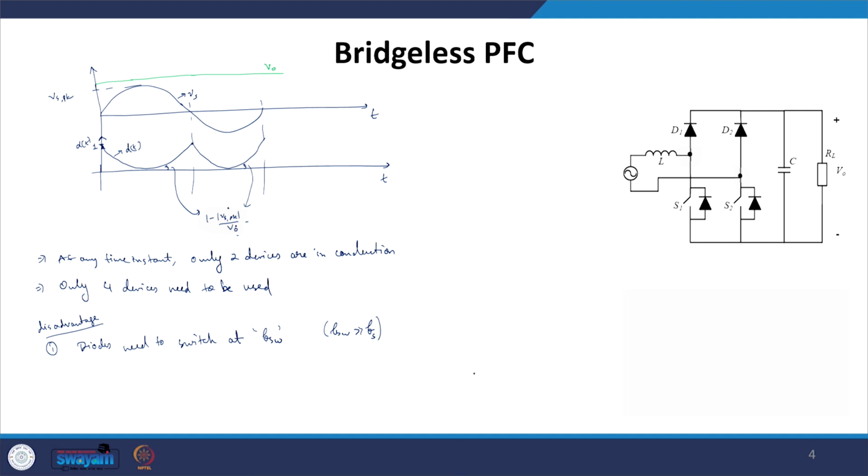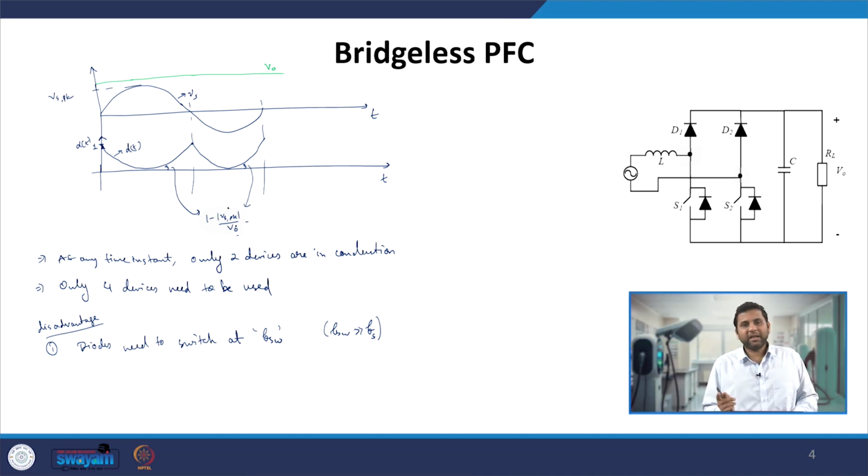While in case of boost PFC, where we have the diode bridge rectifier at the front stage, our diodes are forward biased and reverse biased, only for one half cycle it is on, another half cycle it is off. So only once it is switched in one line cycle.